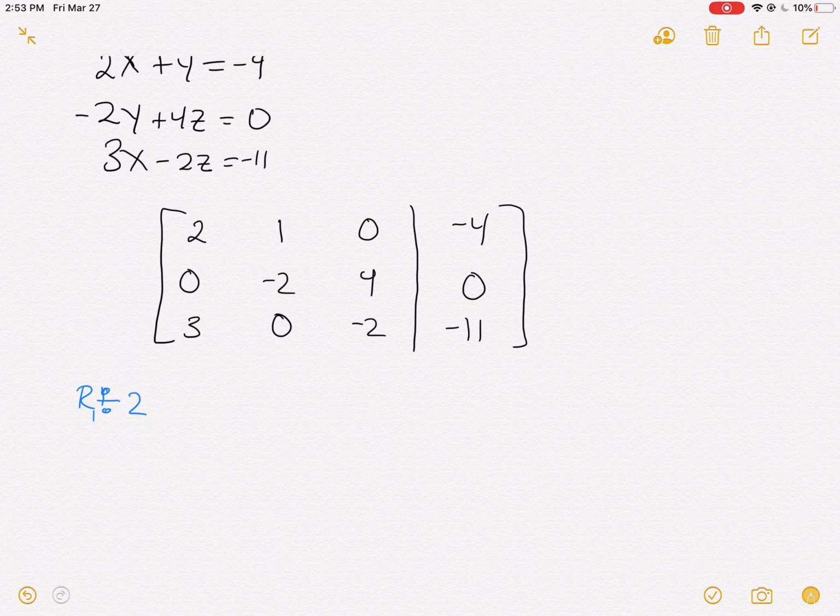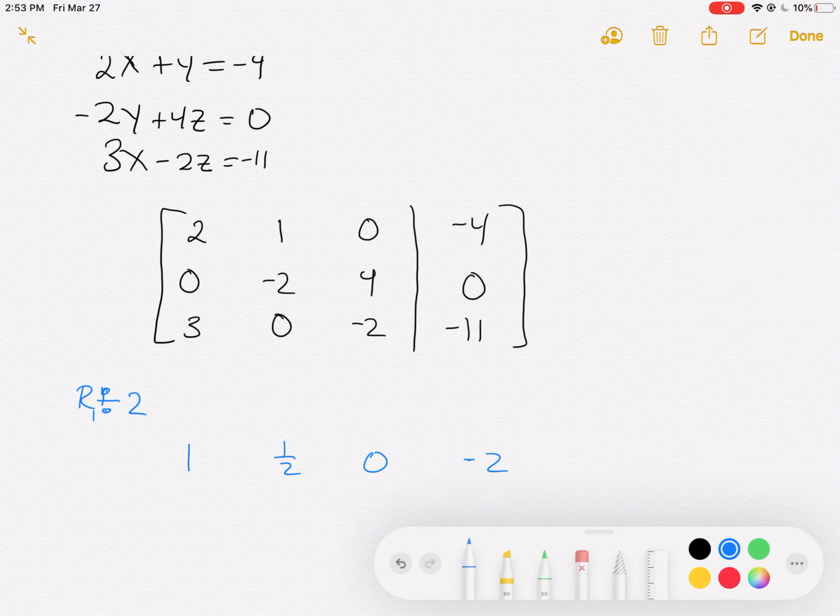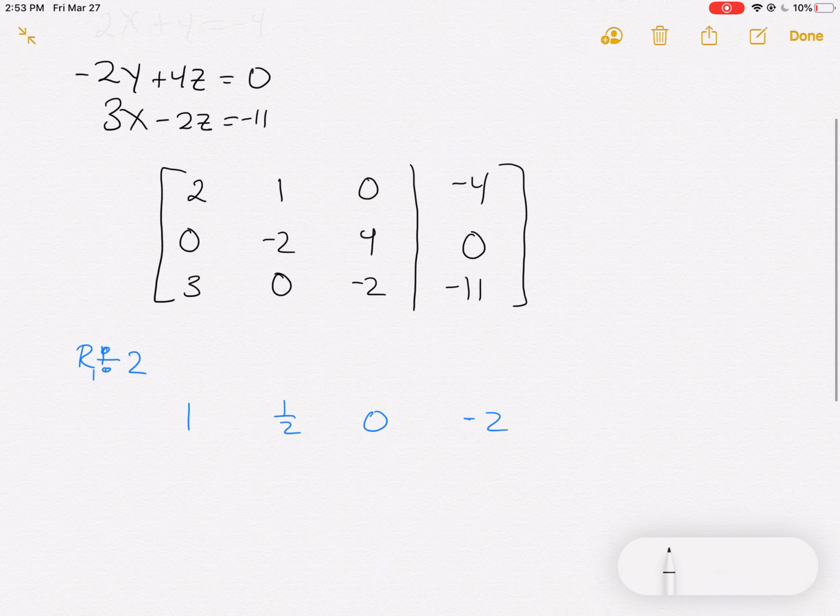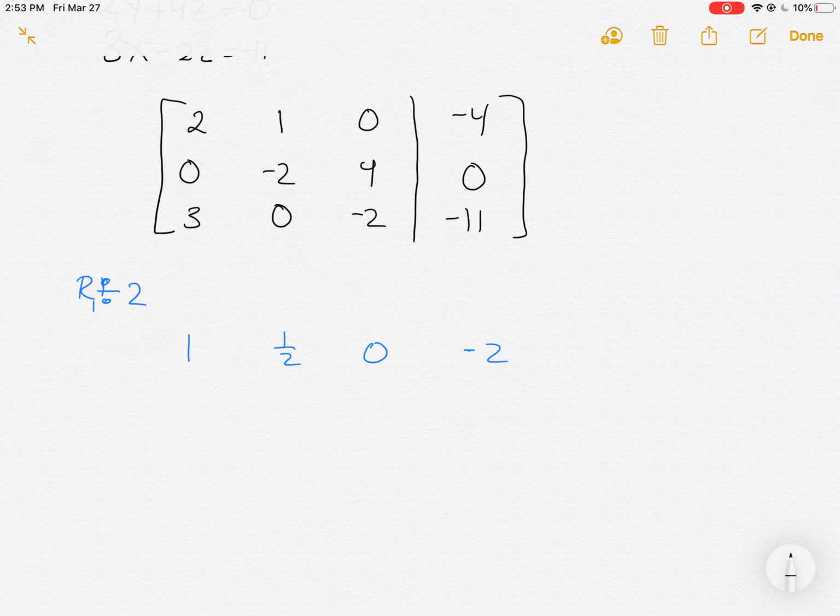As I do so, I'm going to get some new numbers across the top: 1, 1/2, 0, and negative 2. All my other numbers are going to stay the same, so we have 0, negative 2, 4, and 0, then 3, 0, negative 2, negative 11. So I'm in a very good position.